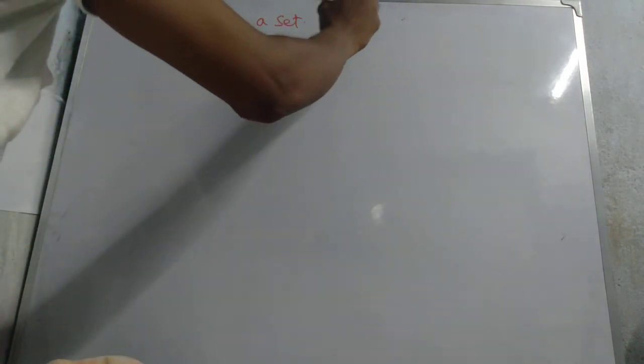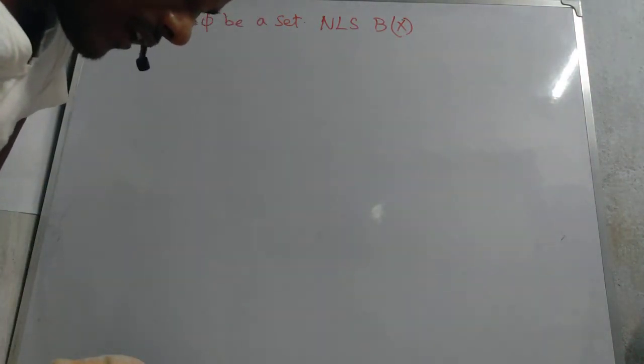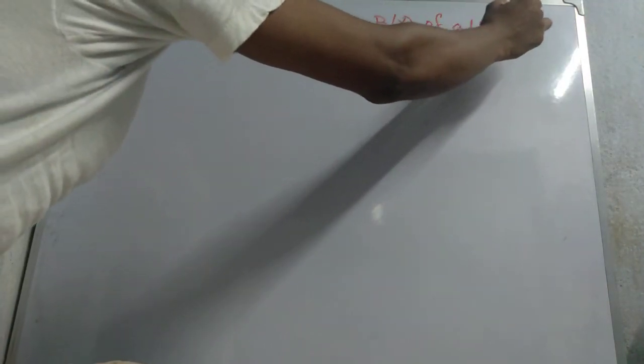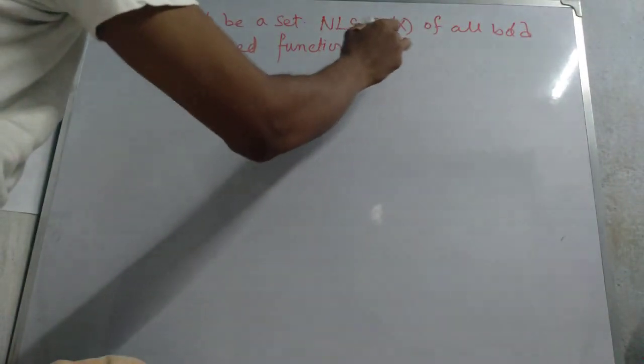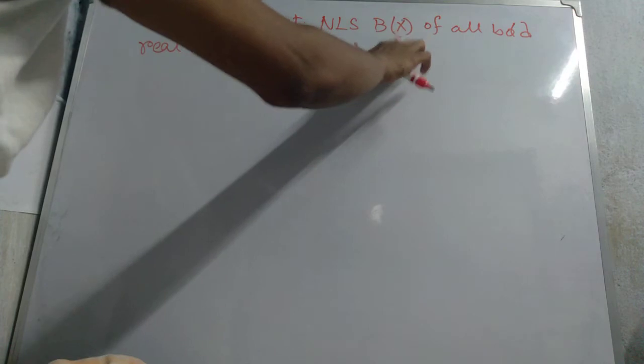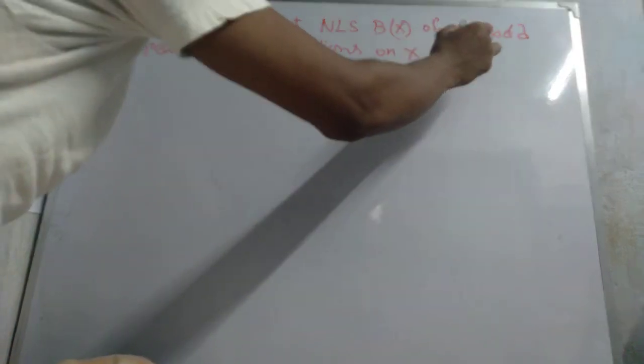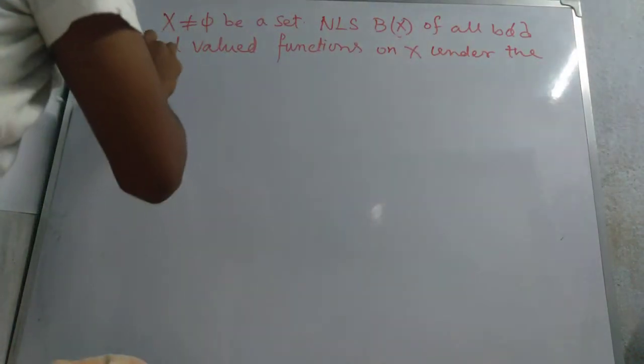Let us consider the normed linear space B(X) of all bounded real valued functions on X under the sup norm, norm infinity.